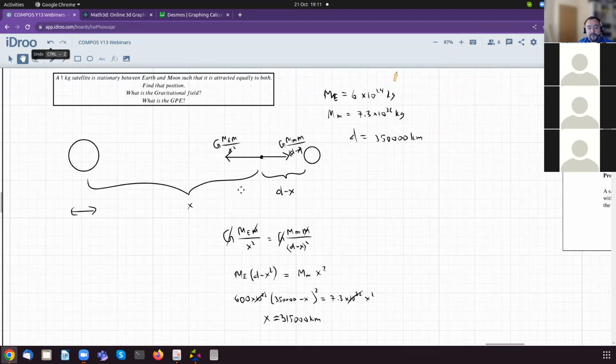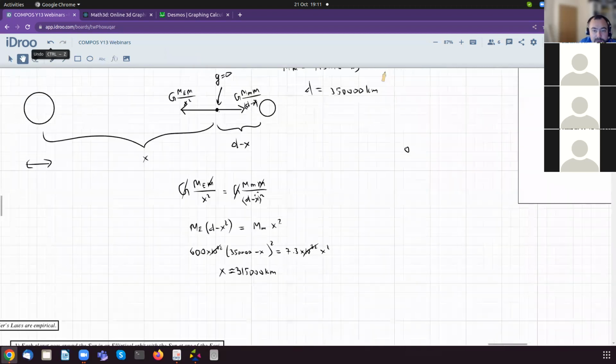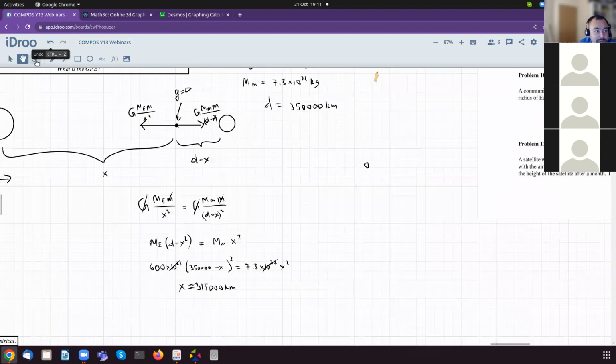What is the gravitational field at this point? Well, the gravitational field would be 0. The gravitational field at this point would be 0. G is 0 because gravitational field is a vector quantity. I want you to appreciate that.